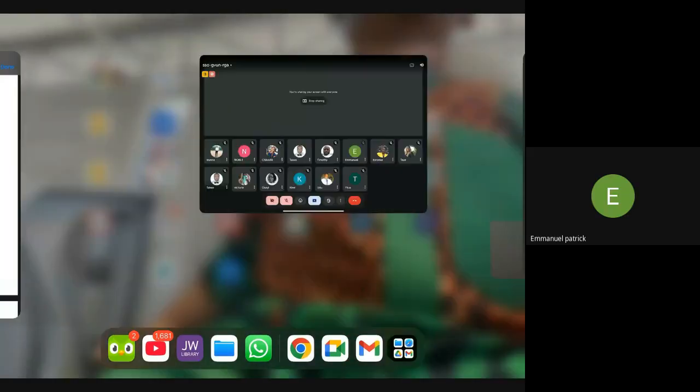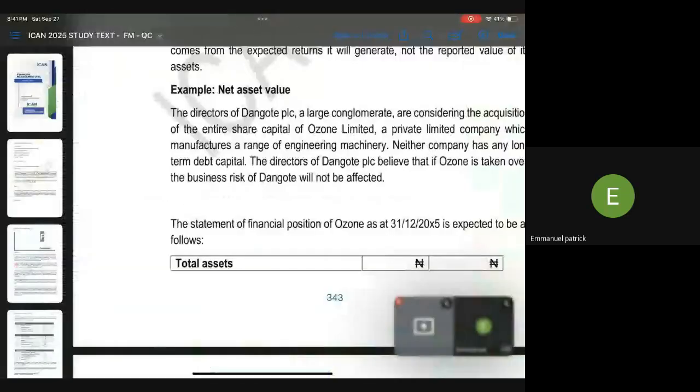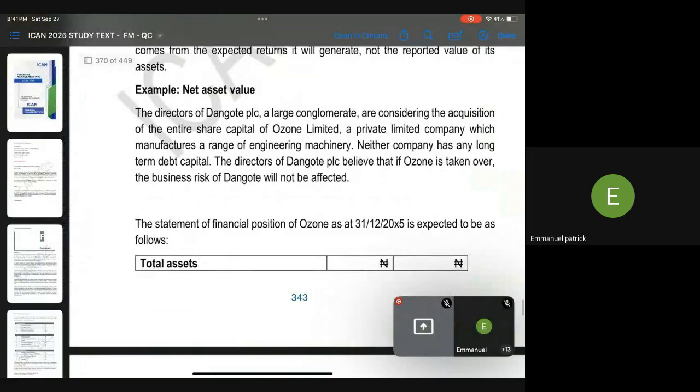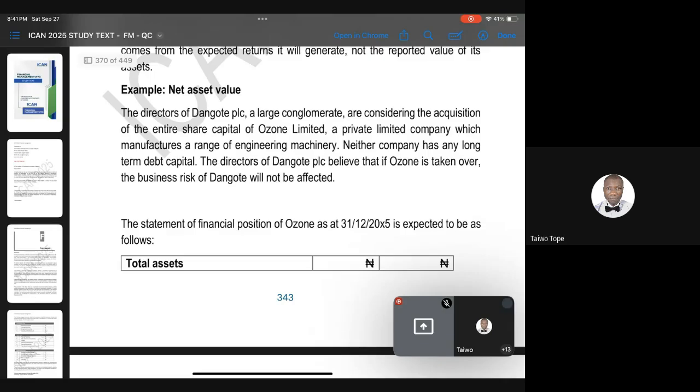Or are you confused about the words geared and ungeared? Levered, unlevered? If you don't know at this point, that is not good.